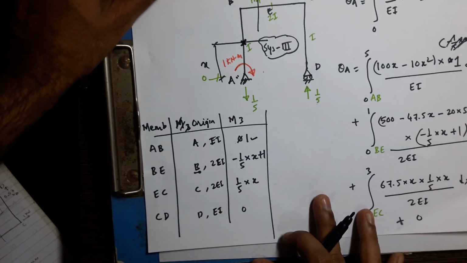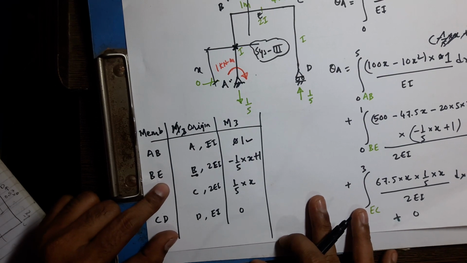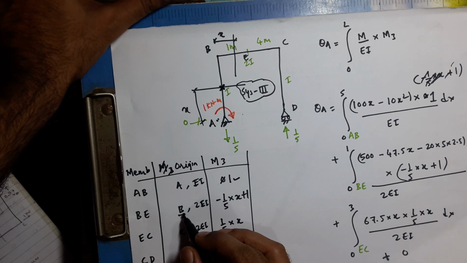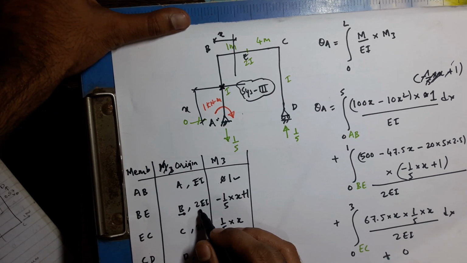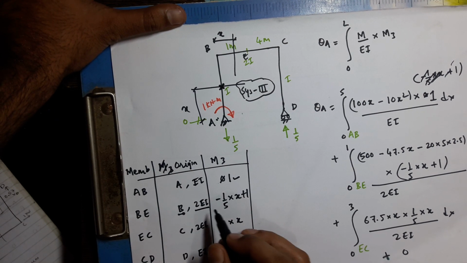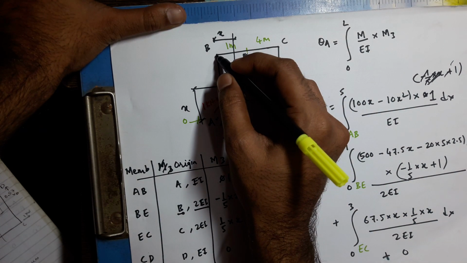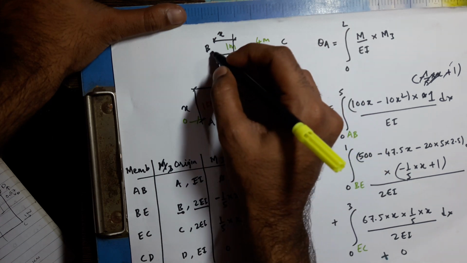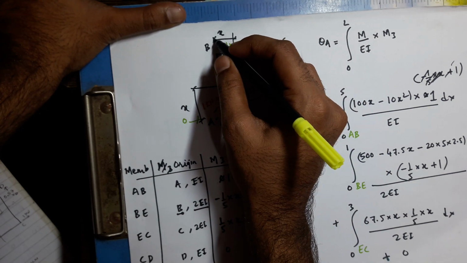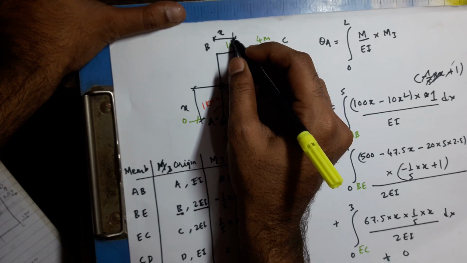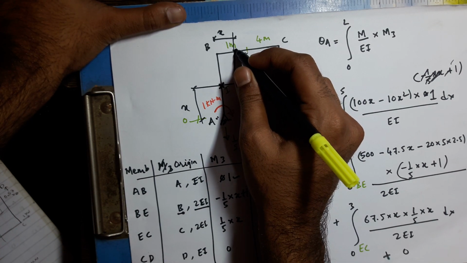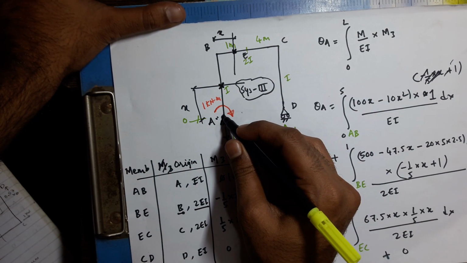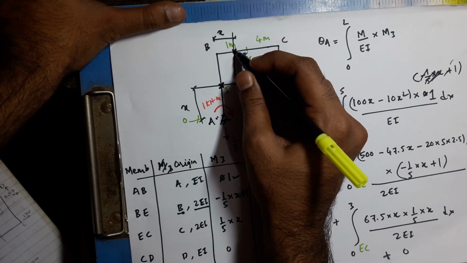Next member we have is BE. The origin I have taken here as B, and EI they have given in the problem as 2 EI for BE. I take a section in member BE, and the origin is B, so the x distance will be from B. I have to calculate the moment at this particular point, so I go from A to this point.